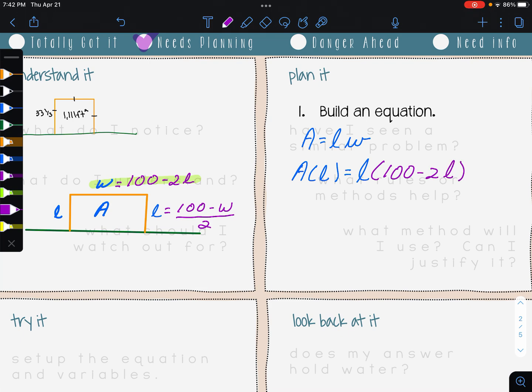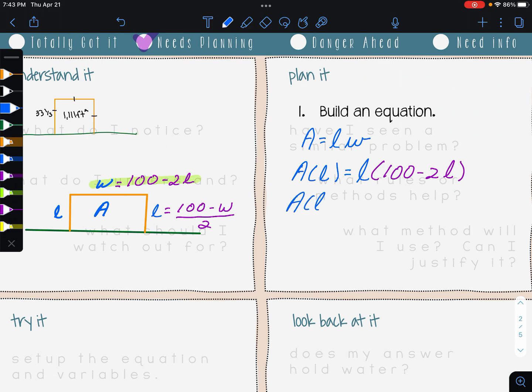So do you see what I did there? I used substitution so that I have only one variable on the right side and I have my function A. So if I have a length, I can determine the area. And let's see if we can simplify this further.